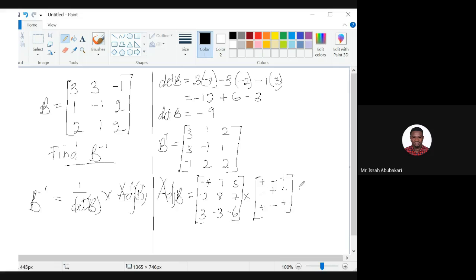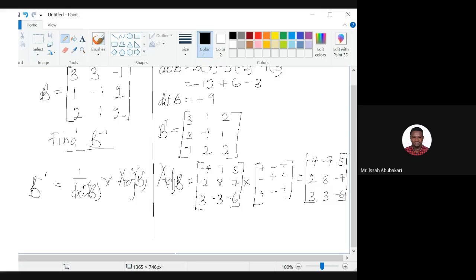And our final adjoint of B becomes -4, -7, 5, +2, +8, -7, and the last row is 3, 3, -6. So this is the adjoint.